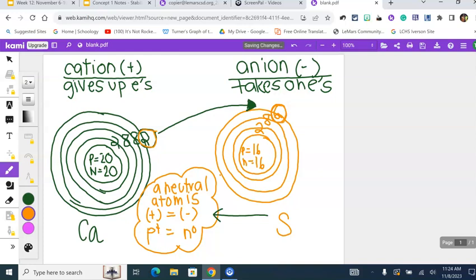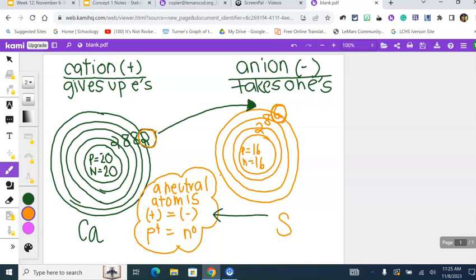Now, yesterday we talked about the magic number that all of the elements want to have in order to be stable. What's that magic number? It's 8. They all want to have 8 electrons in their outer shell, and they're either going to give up or take on or share in order to make that happen. Now, when they give up or take on, that's when they are changing the neutralness of the atom.